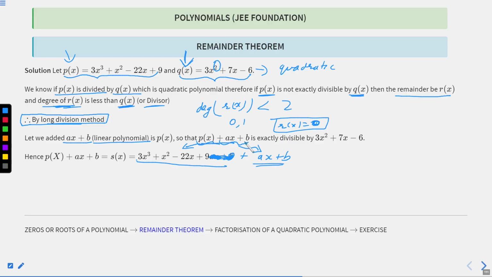So this new polynomial I formed, p(x) plus ax plus b, is exactly divisible by the given polynomial. That is what the question is asking for.